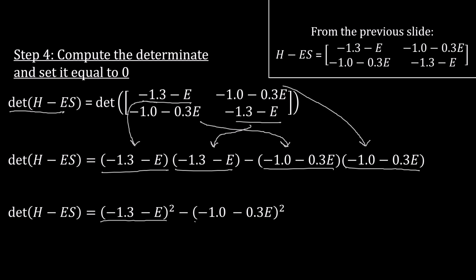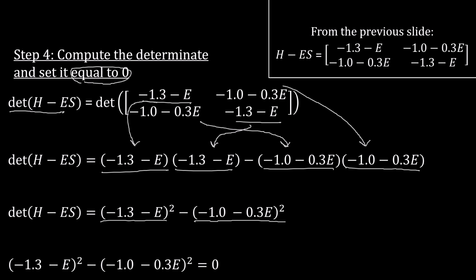Then we're going to subtract, in parentheses, negative 1.0 minus 0.3E, squared. And then the last thing we want to do, as it says in the name of the step, is we want to set it equal to 0. So thus we have set our determinant equal to 0, and we could go on to the final step.